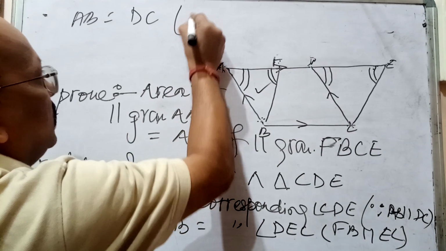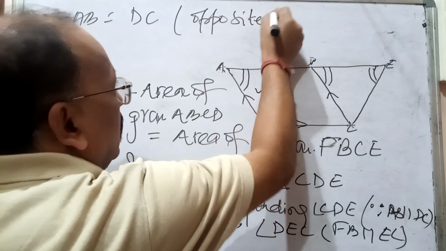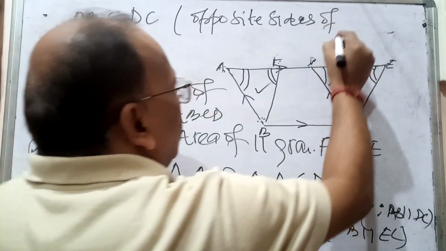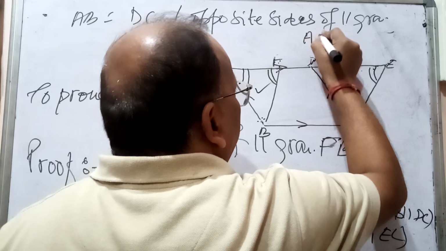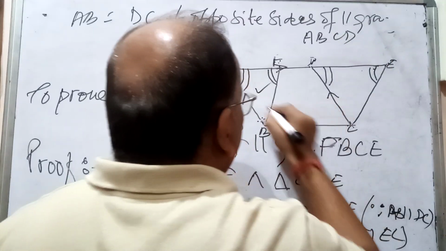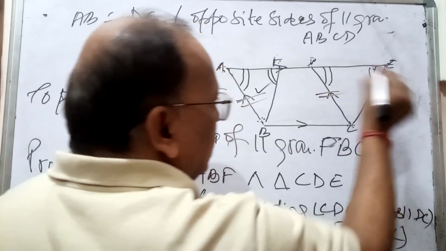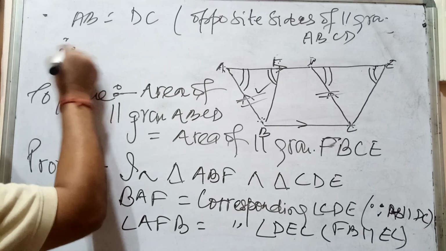Why? Because they are opposite sides of parallelogram ABCD. This is a parallelogram, opposite sides are always equal. Therefore, three conditions we got.